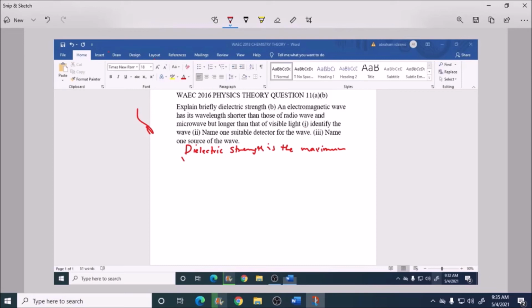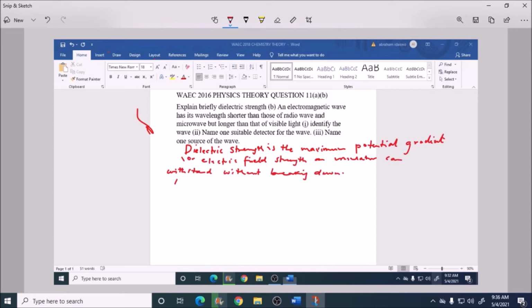Now dielectric strength is measured in volts per meter.